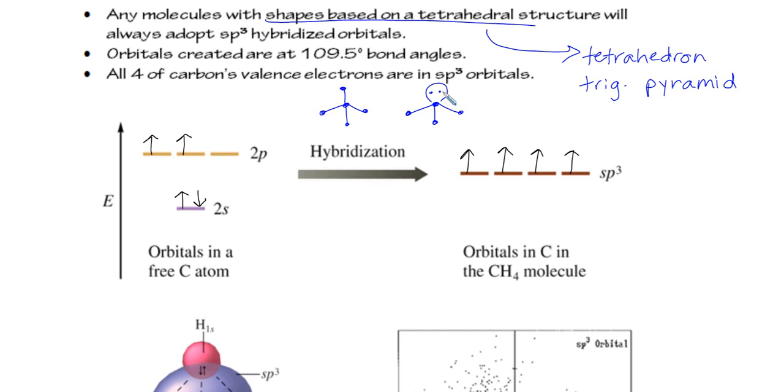The other option would be the bent with 2 lone pairs, like water, where you might have 1, 2 bonds, and then I'd have 2 lone pairs. Again, it's still 4 regions of electrons around the center, but only 2 bonding regions, and the other 2 are lone pairs. All 3 of these shapes have 4 regions of electrons around the center atom. We're going to need these sp3 hybrid orbitals.